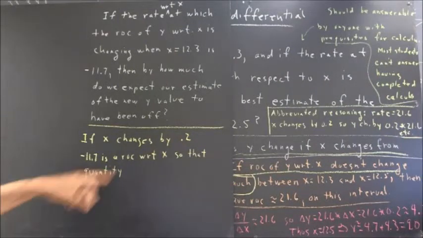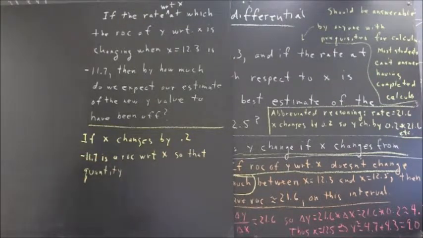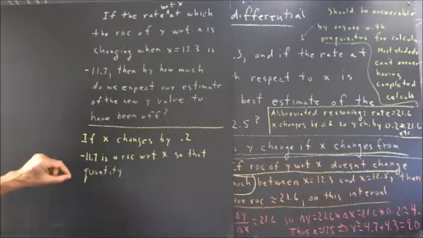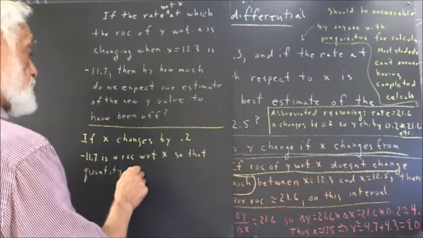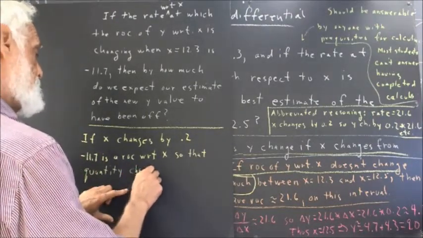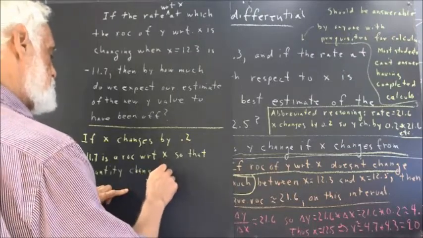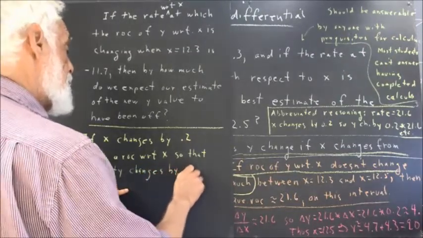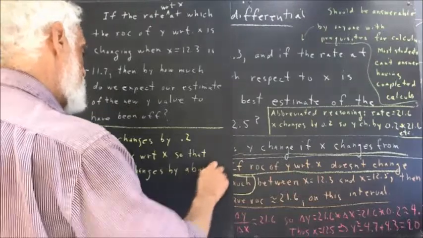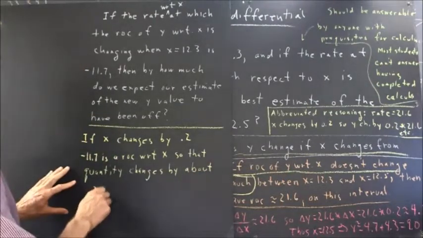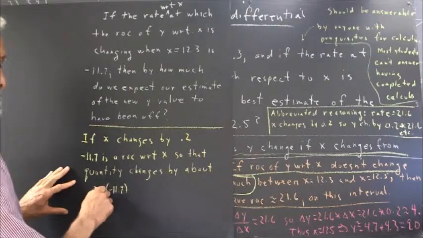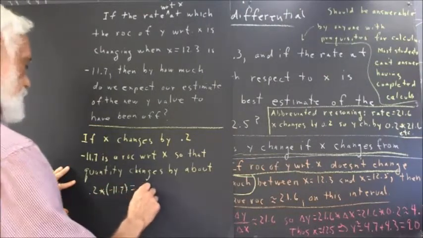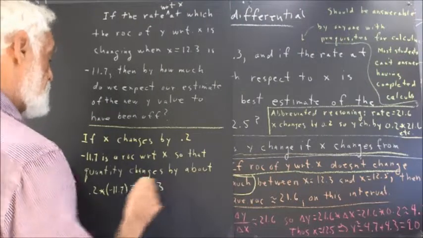So that quantity, the quantity whose rate with respect to x is this, changes by about 0.2 times negative 11.7, which equals negative 2.3.